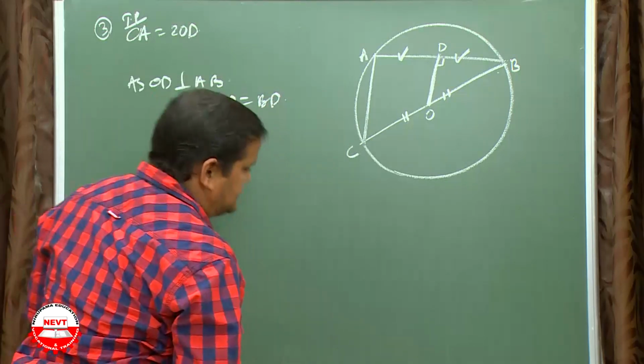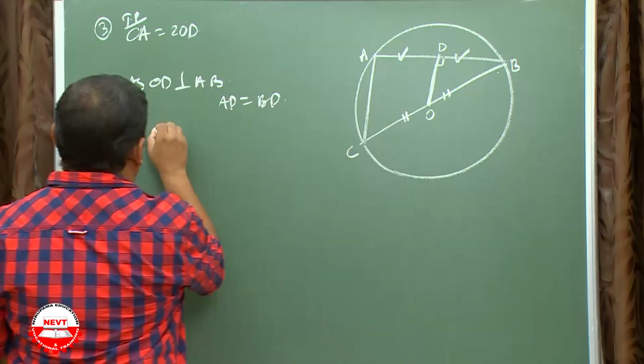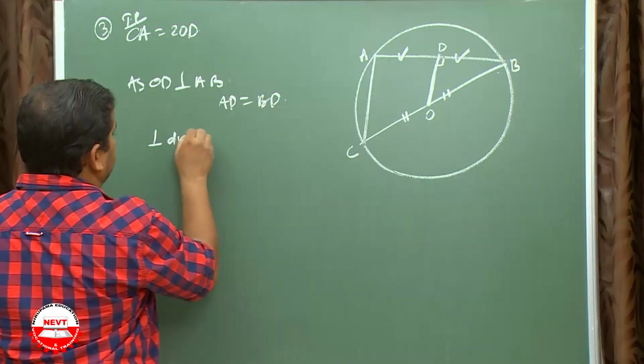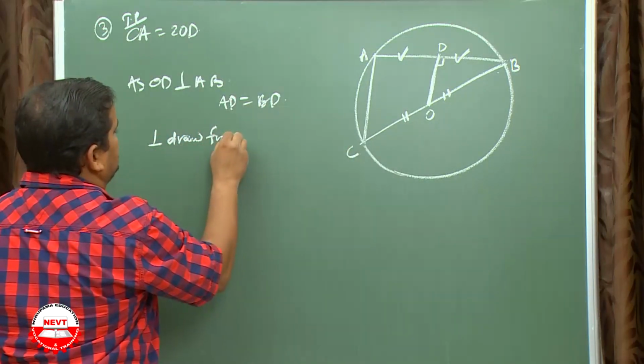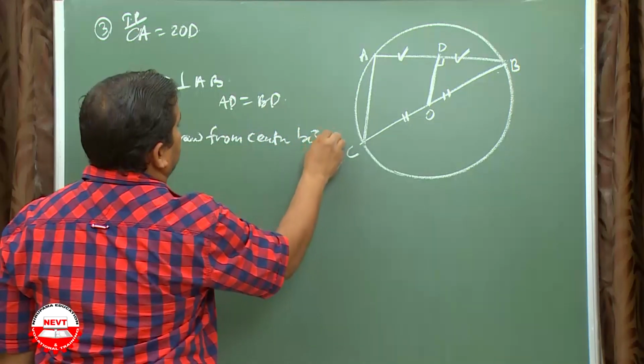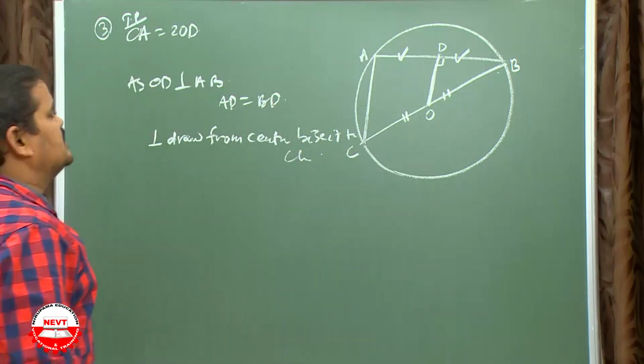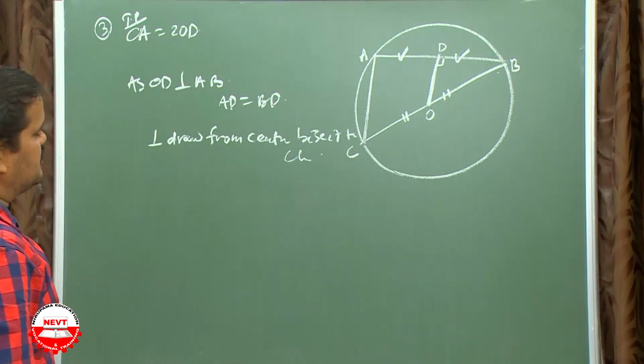Okay? So you can write, as OD perpendicular to AB, therefore AD is equal to BD. As the property is, the perpendicular drawn from center bisects the chord. Okay? That means D is the midpoint.